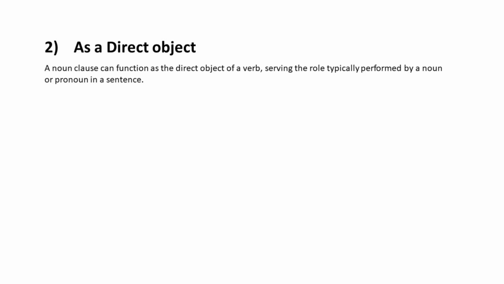A noun clause as a direct object. A noun clause can function as the direct object of a verb, serving the role typically performed by a noun or pronoun in a sentence. For example, you must decide where you will go next holiday.